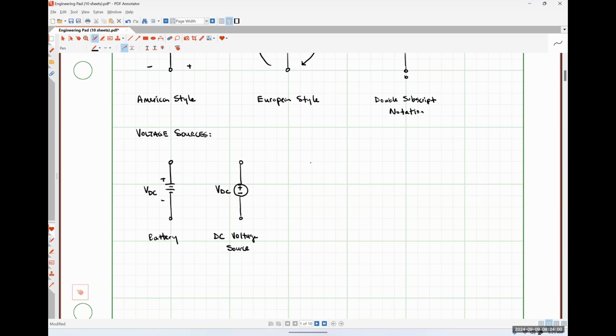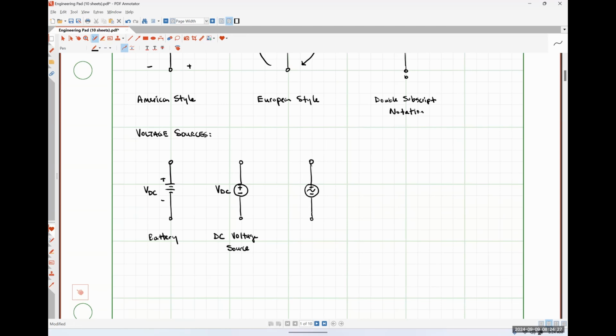Another thing that we're going to see, a bit later on, is an AC voltage source. So we have our circle with a plus and minus sign to indicate the polarities. And then I'm going to put a tilde here in the middle, which represents that the voltage is changing in time.